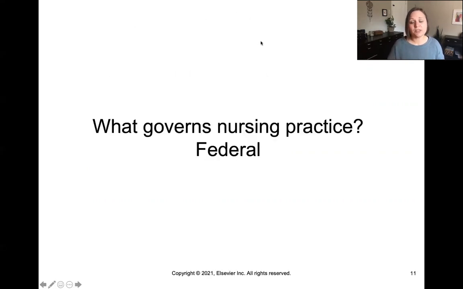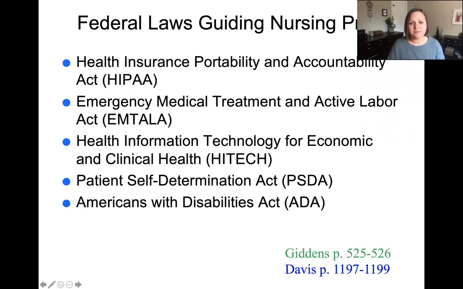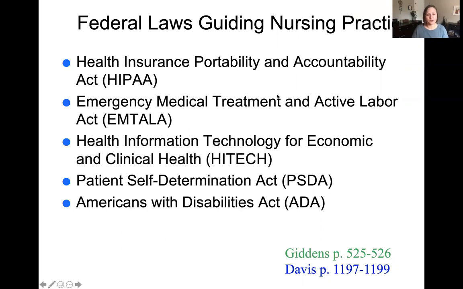So what governs nursing practice at the federal level? Well, there are a number of different federal laws that guide nursing practice and things that you may be familiar with. HIPAA, meaning protecting patient confidentiality. EMTALA, meaning not being able to turn people away in the ER if they're coming to seek care for having a medical emergency or being in labor. HITECH for the way we manage and protect healthcare information in this age of technology.